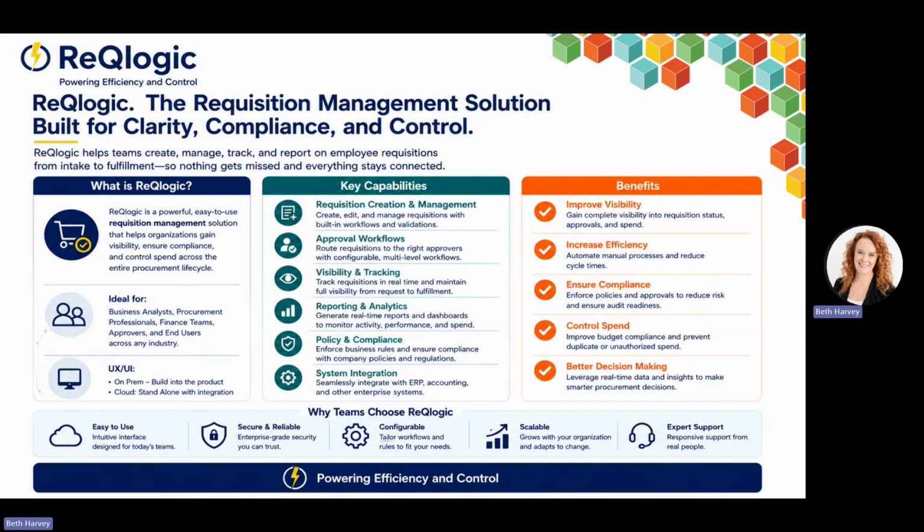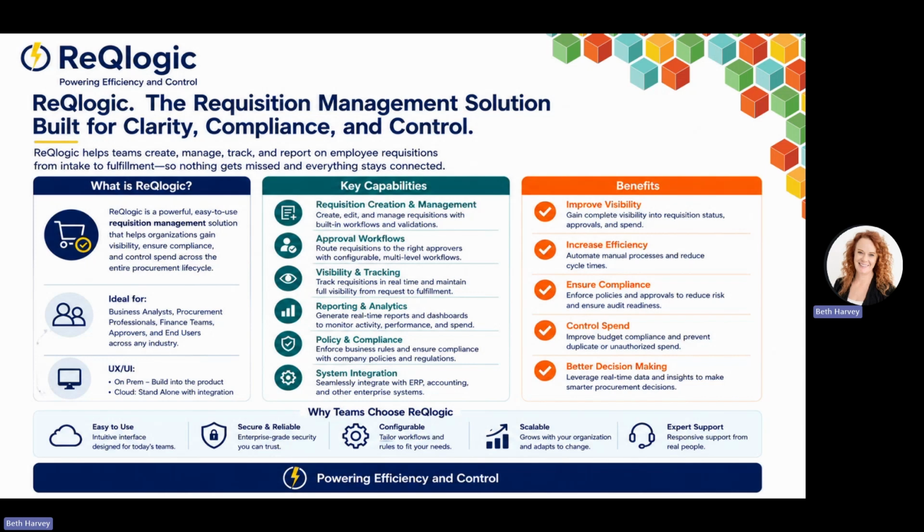So breaking this down, what is ReQlogic? ReQlogic is a powerful, easy to use requisition solution. Some of our key capabilities are the requisition creation, approvals, and of course, one main thing that's super important is that we offer PunchOut. Sometimes you have customers that have their employees going off the grid, shopping websites and then trying to manually re-enter that information.